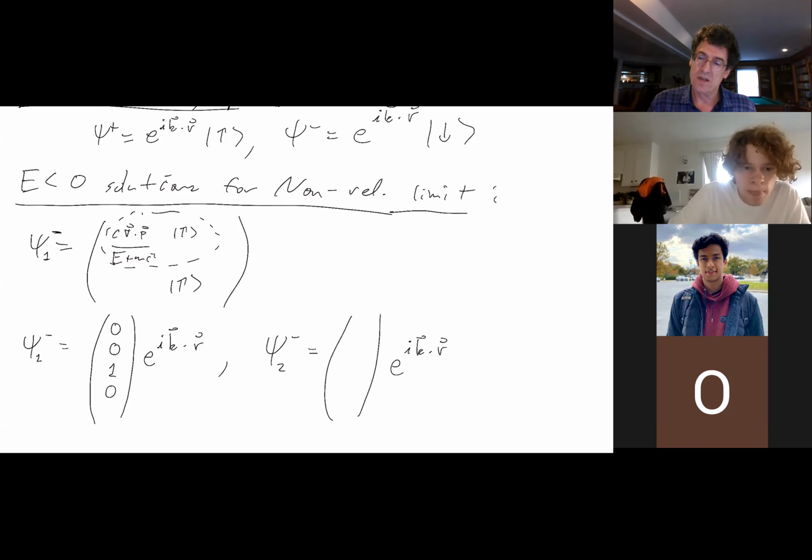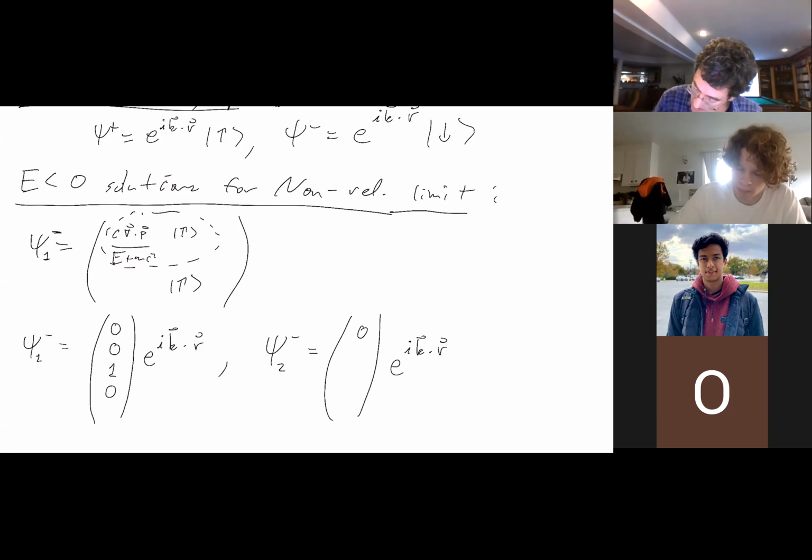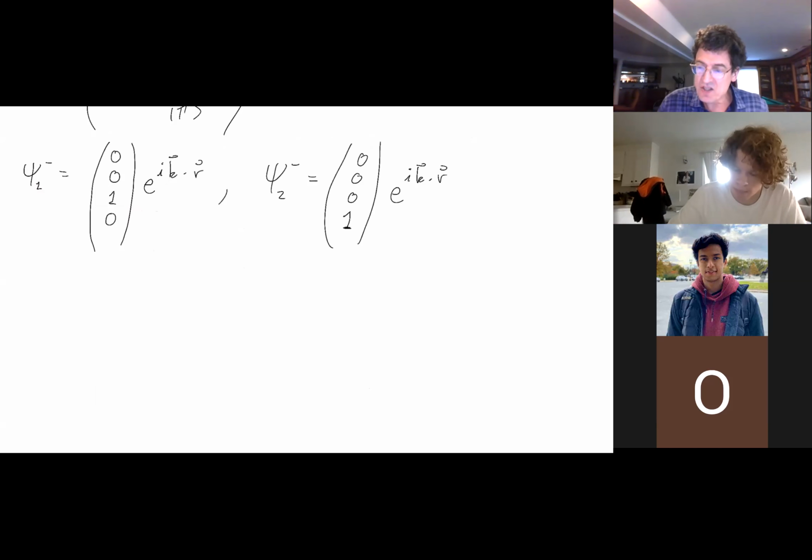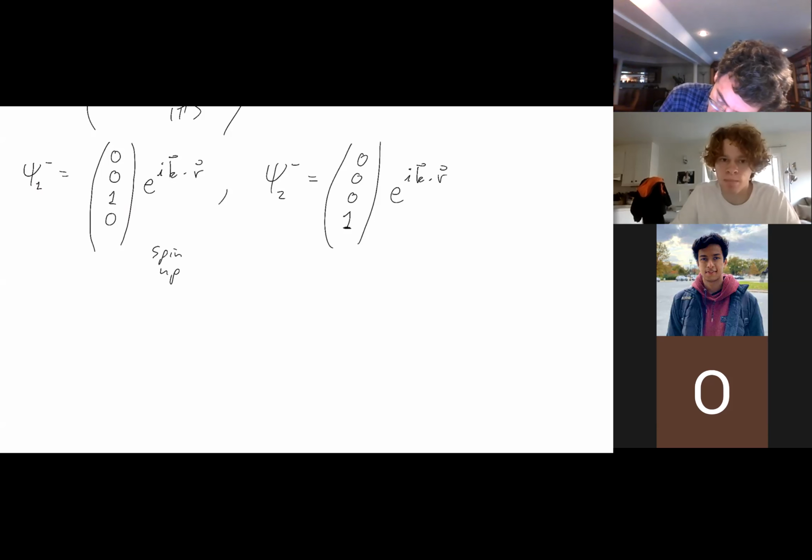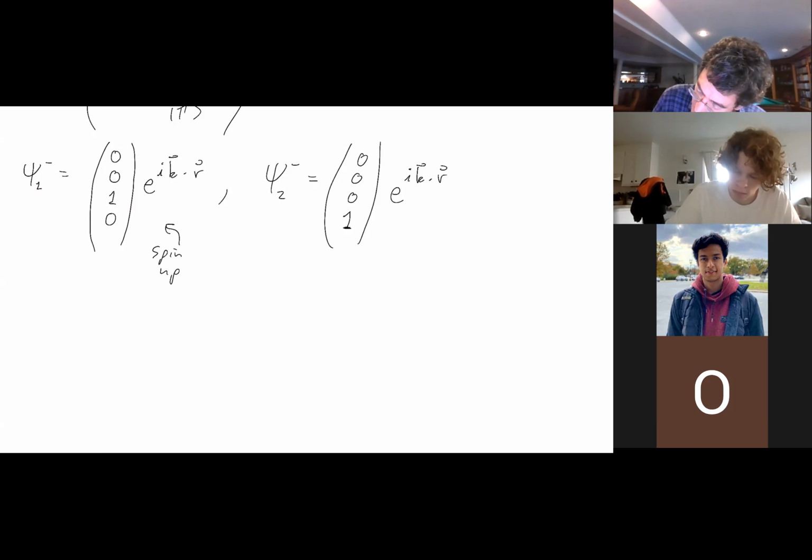Somebody tell me. 0, 0, 0, 1. That's exactly right. So you can see that this is going to be spin up, and this is going to be spin down. So I get two solutions.